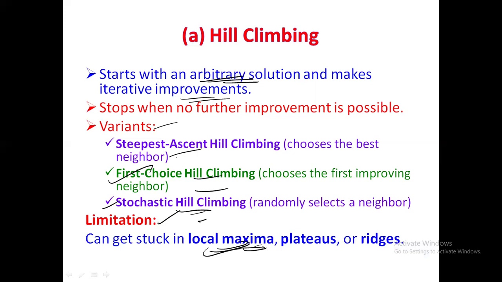Another issue is encountering plateaus where multiple neighboring states have the same value, leading to stagnation. Additionally, ridges, this we'll see in the problem. The ridges, which are narrow pathways of improvement, can make it difficult for the algorithm to progress effectively.